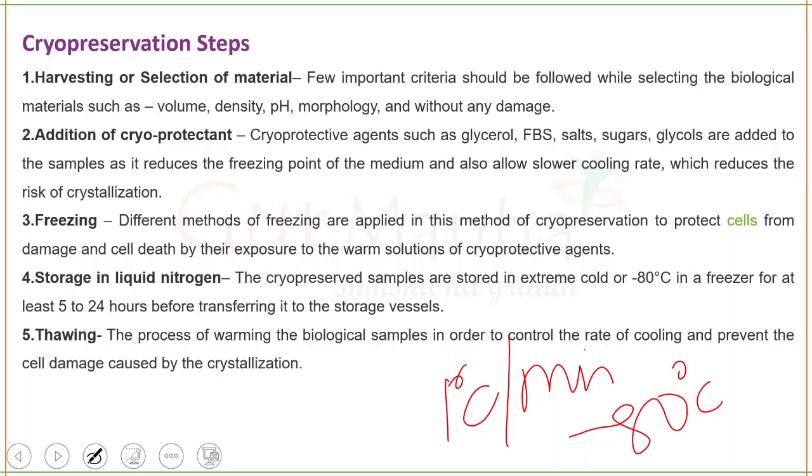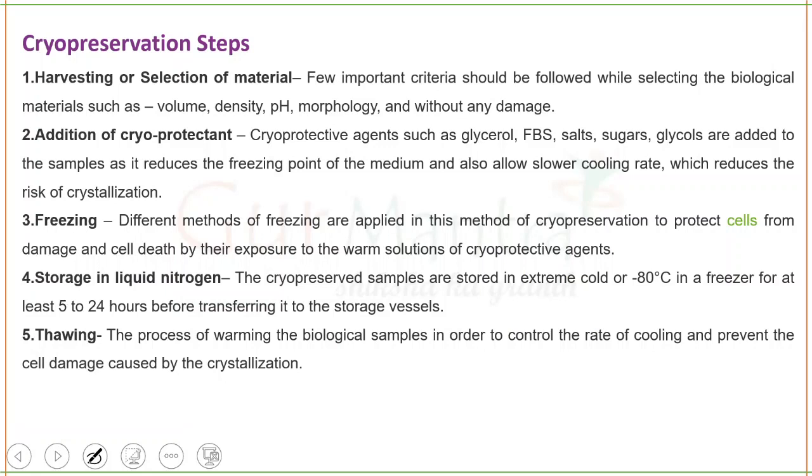Then you will go for fast freezing. You will reduce 6 degrees Celsius per minute from minus 80 degrees Celsius to minus 196 degrees Celsius. Then you will keep it in the liquid nitrogen. Liquid nitrogen will maintain the temperature at minus 196 degrees Celsius.